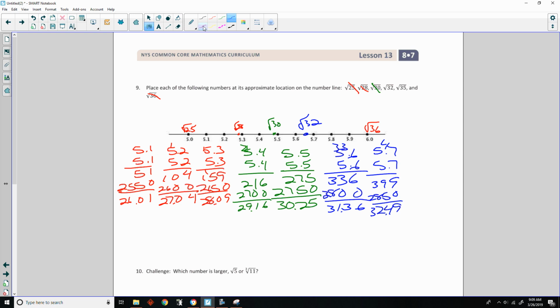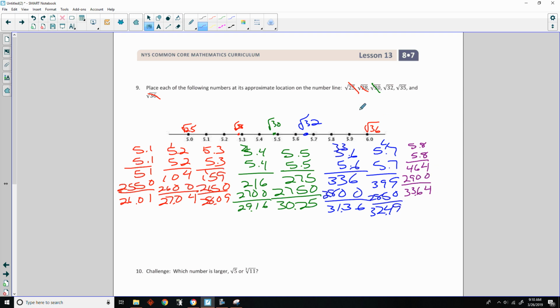Okay, moving on to the next one, 5.8 squared is 33.64.